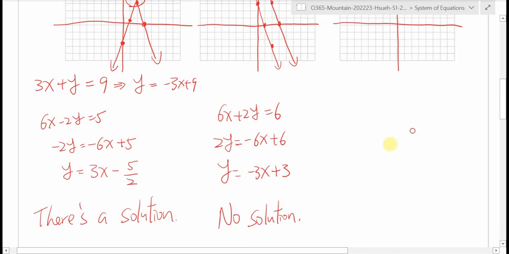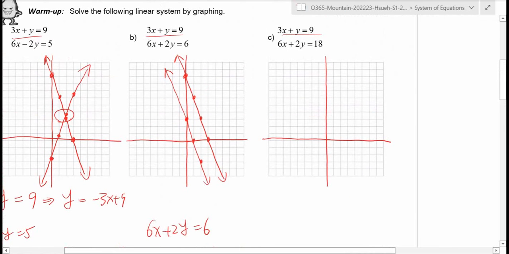Now what about the last one? We're going to do the same thing. For the first graph, we have the y-intercept of 9, and we're going to go down 3 and 1 to the right for the slope of negative 3. So there's the first line right here. For the second equation, we have 6x plus 2y equals 18.